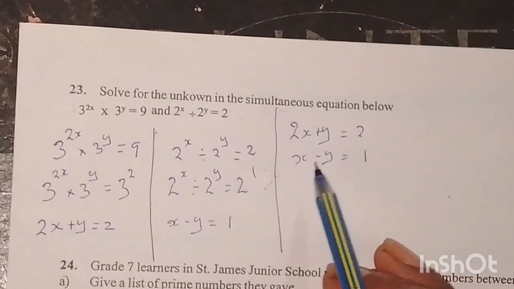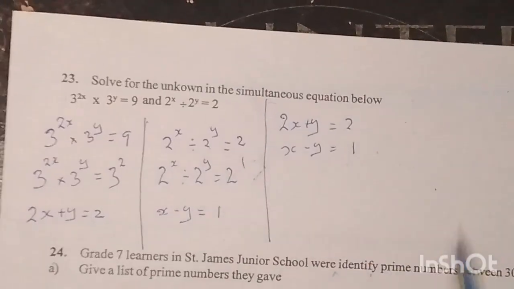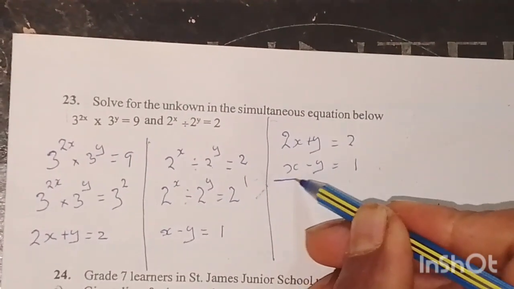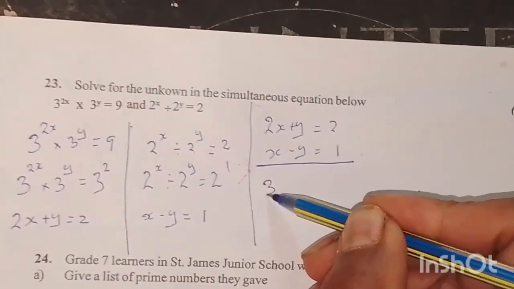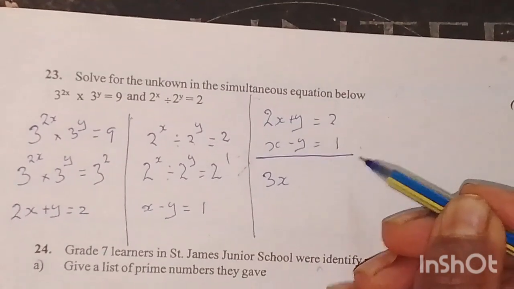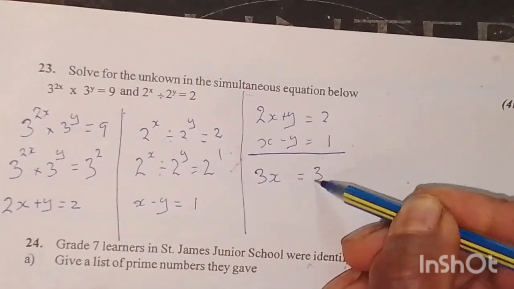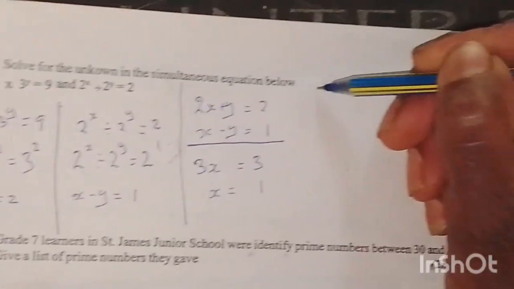To solve this, you add these two so that y cancels itself. 2x plus x is 3x. y minus y is 0, equal to 2 plus 1 is 3. Therefore, x is equivalent to 1.